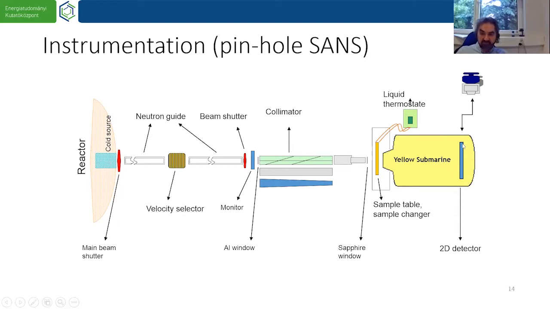The detector is this blue line here in the very right. So first of all, we have the reactor, which is a half circle here, and in the wall of the reactor we have a cold source. The cold source is an important device.